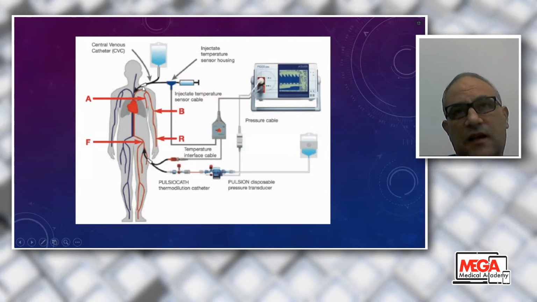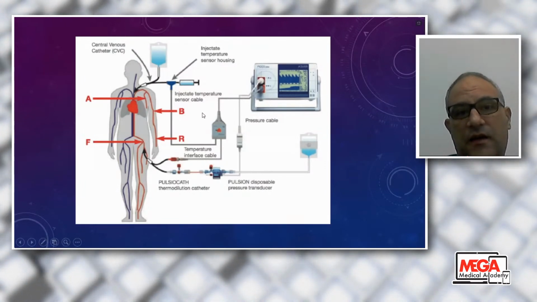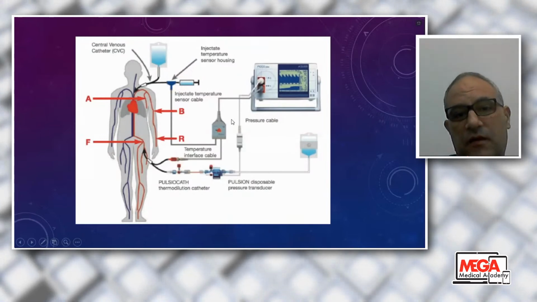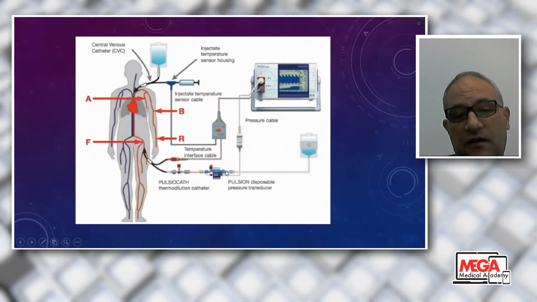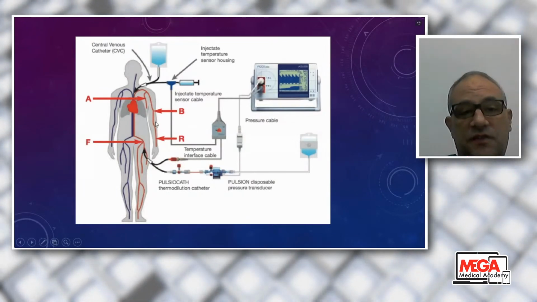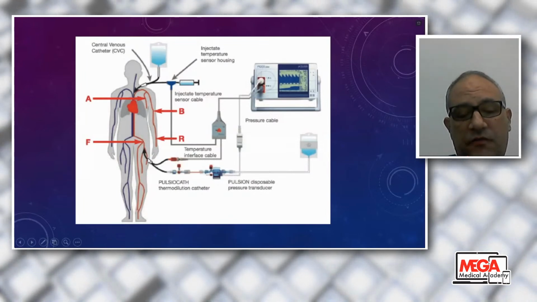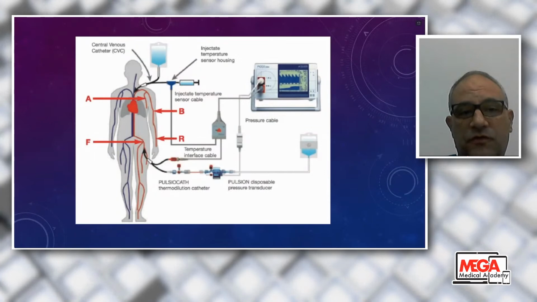So it's an idea similar to that of the pulmonary artery catheter on a larger scale. Then I have the transducer, which is connected to the monitor. So the central line and the femoral artery line are the main components of the PICO system.